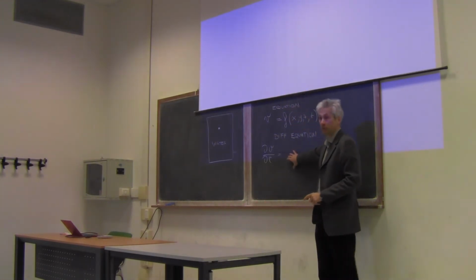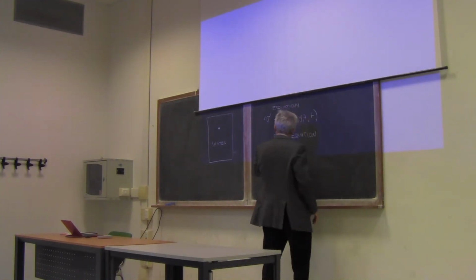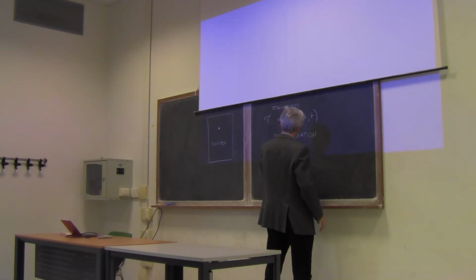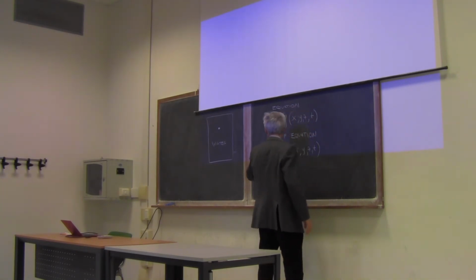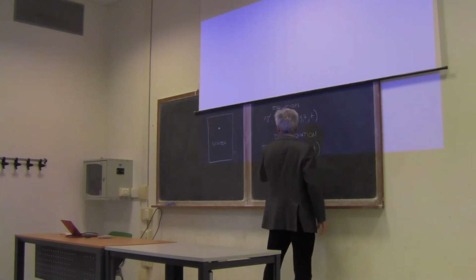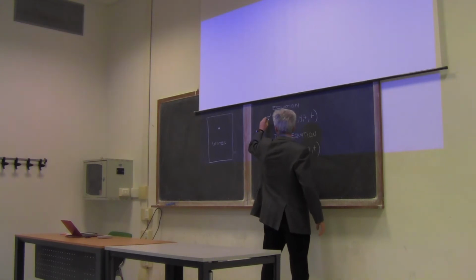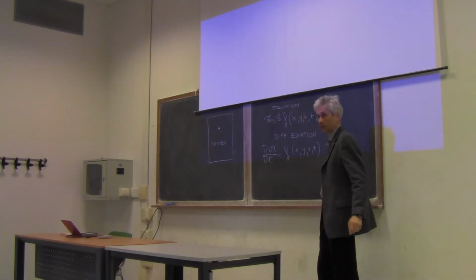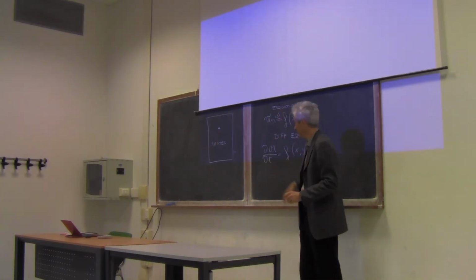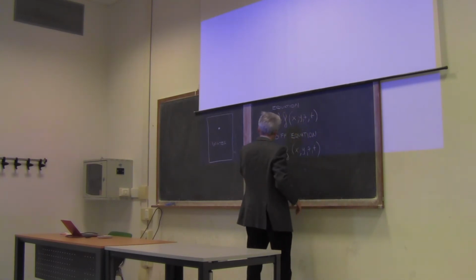The partial derivative over time is a function of, again, x, y, z, t. And to be rigorous, I have to make clear here, and I should have made clear also here, the dependence of v on the coordinates, even in this case, x, y, z, t.